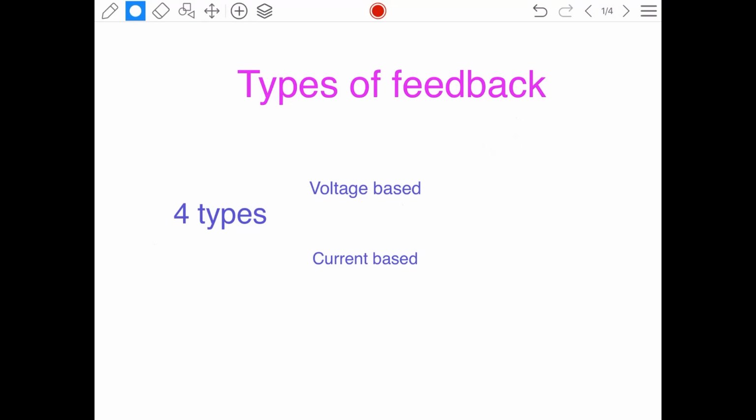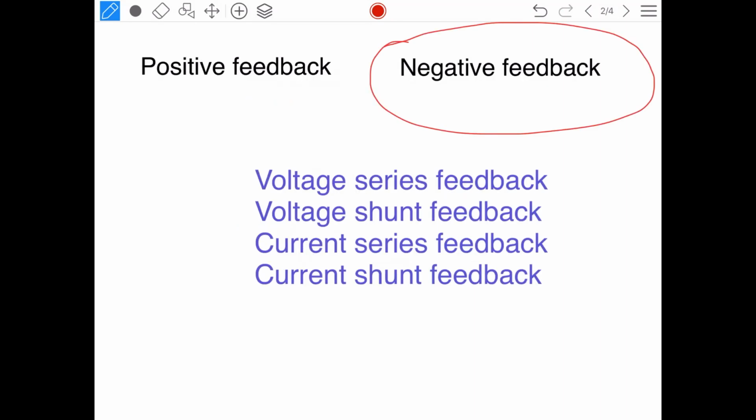Similarly, if the feedback network is carrying a current as a feedback entity, we call it a current based feedback network. So two variants in voltage feedback and two variants in current feedback together aid in four types of feedback circuit. Let us see what are the four types of feedback circuit.